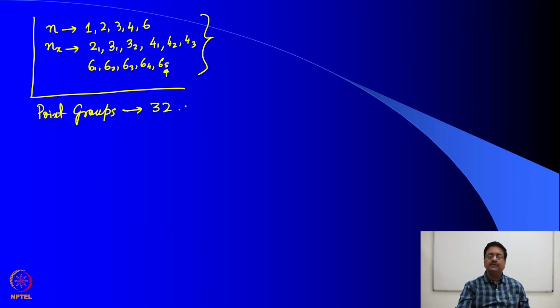There are only 32 point groups, and then when you combine the point group along with the lattice centering and the crystal system, you generate a unique nomenclature for every crystal that you get, and that unique nomenclature is called the space group.